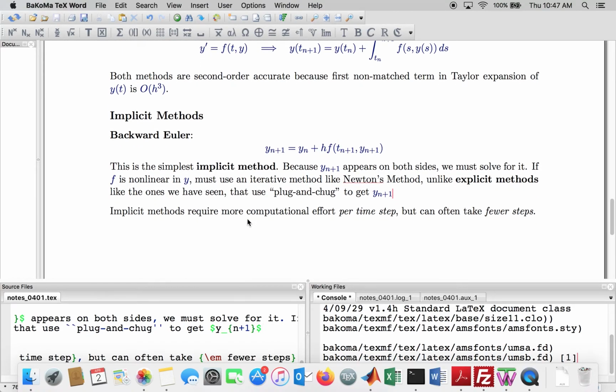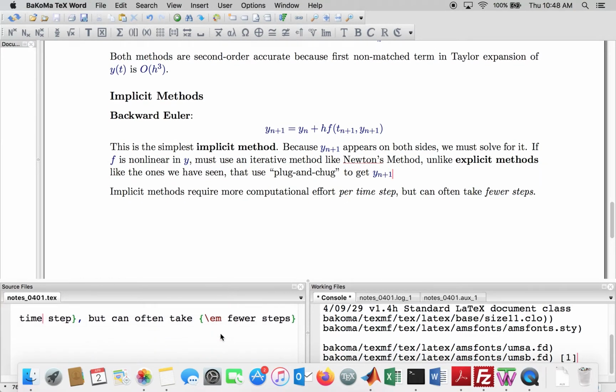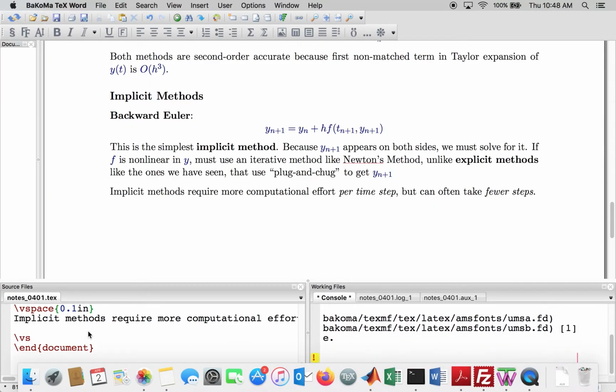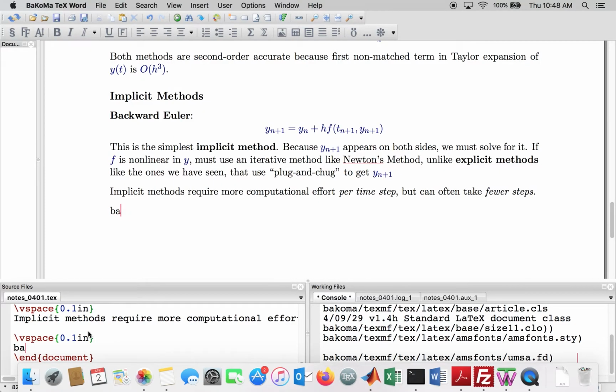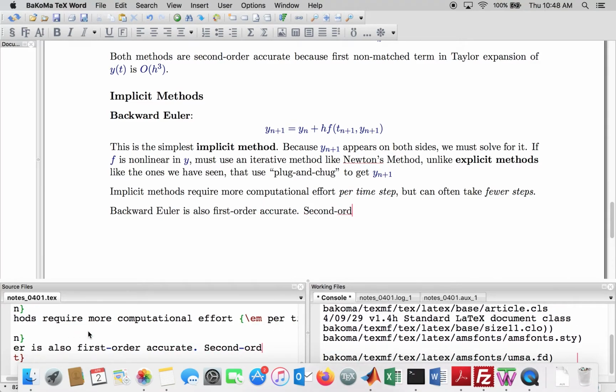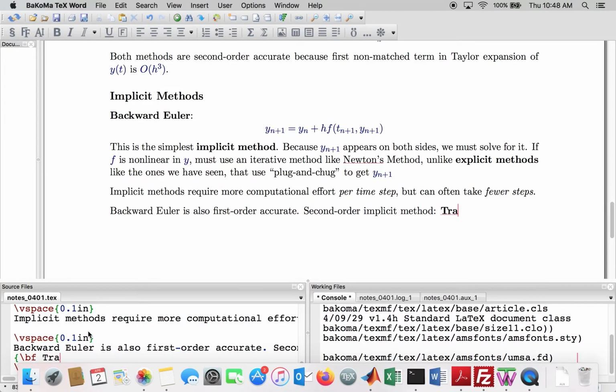Now, as far as another example, backward Euler, like Euler's method or forward Euler, is first order accurate. That's order h. A second order implicit method is the trapezoidal method.